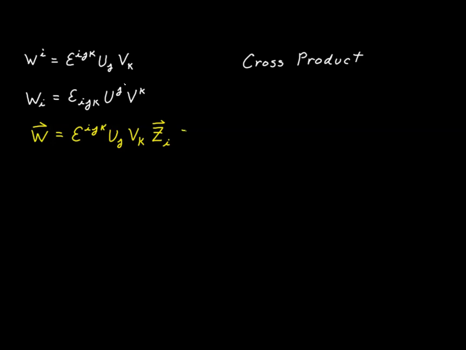We could also use the other definition here, epsilon ijk with lower indexes, using the upper indexes for each of the vector components, and combine those with a contravariant basis vector like so. And that's also an invariant expression.